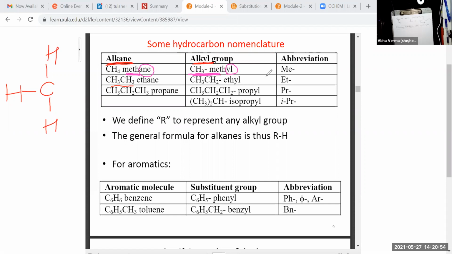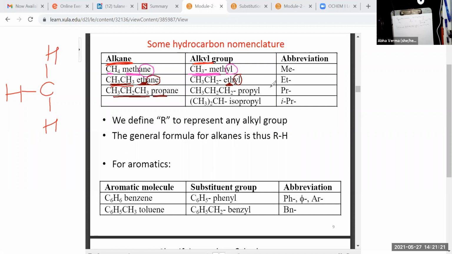The only thing that is changing is the last part, or the suffix. Meth indicates 1 carbon. On the other hand, eth indicates 2 carbons. So ane stays, al stays, but what changes is the ethyl. And so on and so forth.